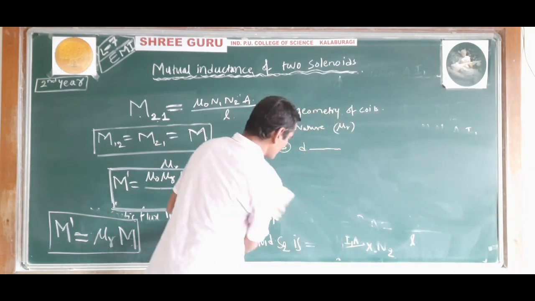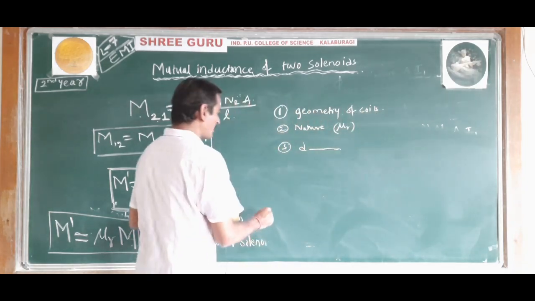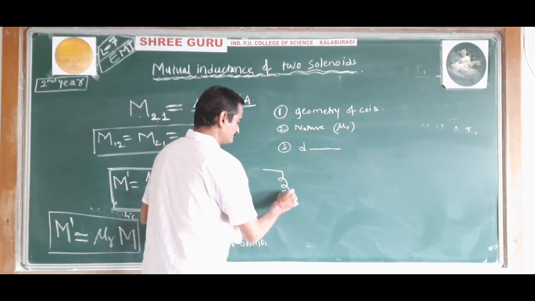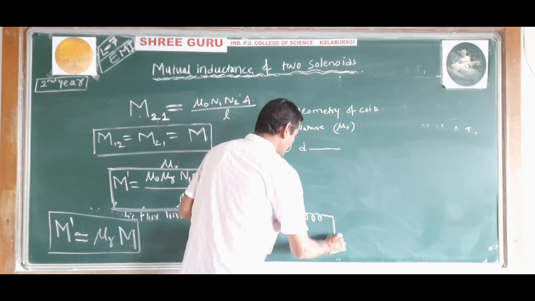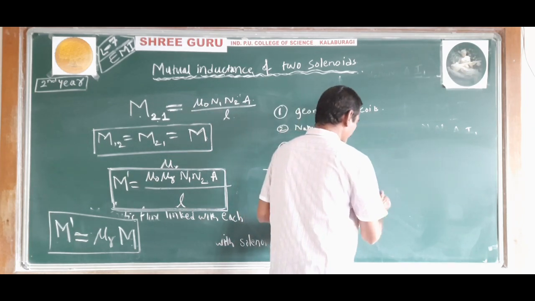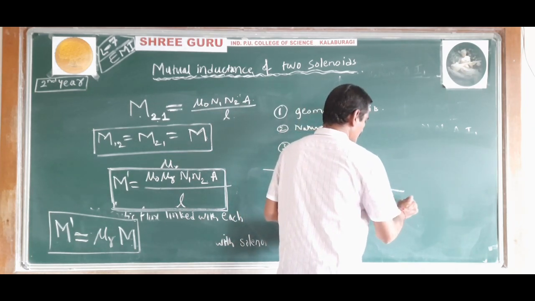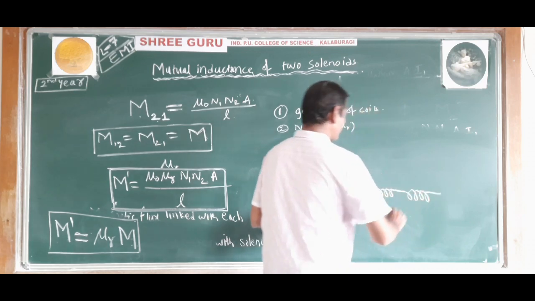For example, I will draw a diagram and show it diagrammatically. If two coils are placed like this, one coil is like this, another coil is like this, this is one pair. And this is another coil, another pair.